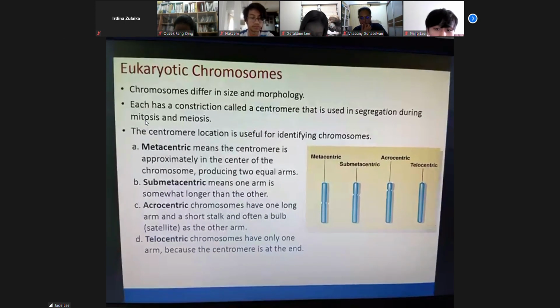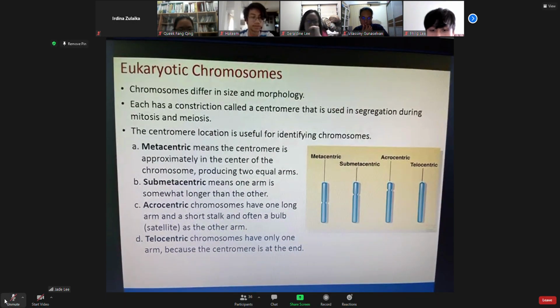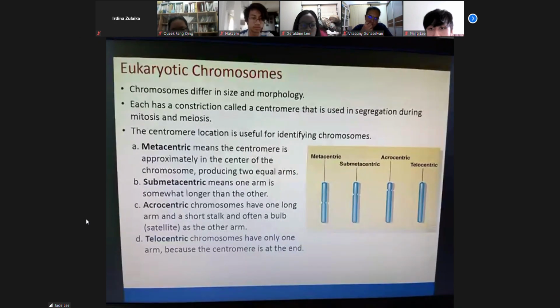Each has a constriction called the centromere that is used in segregation during mitosis or meiosis. Do you still remember we have the centromere? And the location of the centromere can be very different. The locations are useful for identifying the chromosome, because some chromosomes are metacentric.